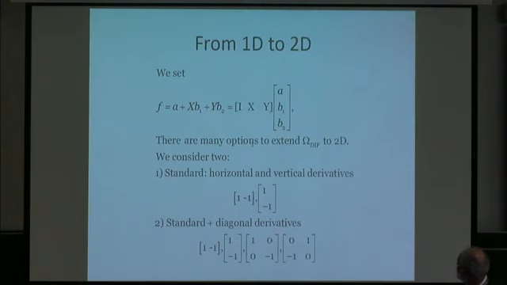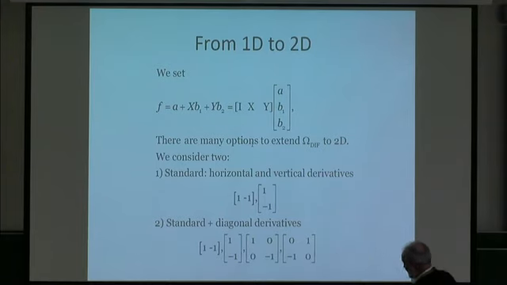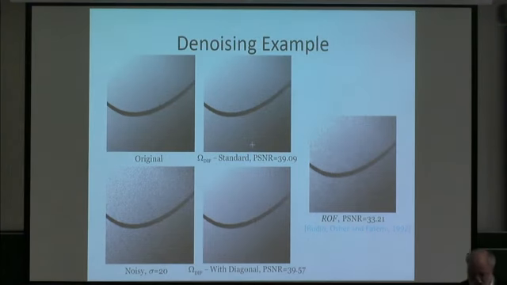So you can solve it. You can go from 1D to 2D, and this is important for images. You can consider the sparsity with respect to horizontal and vertical derivatives and diagonal derivatives in order to match shapes which have all kinds of directions. And actually, here you should extend to more directional derivatives as you wish. And you can have denoising examples.